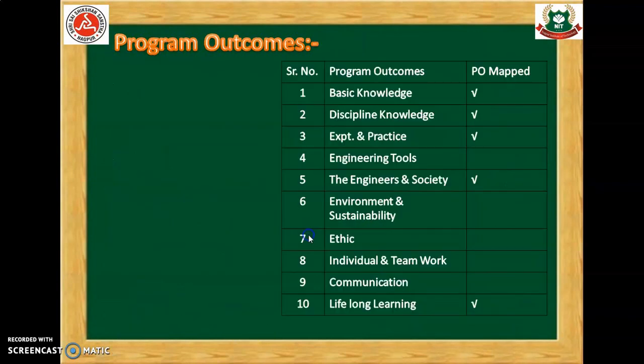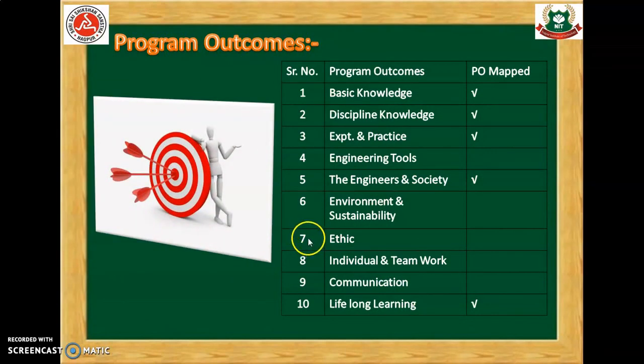So, let us see what program outcomes we have covered. We have covered basic knowledge, discipline knowledge, experimentation and practices, the engineer and society, and lifelong learning. Means we have learned the gyroscopic couple on a naval ship, on an airplane, and on a four-wheeler.